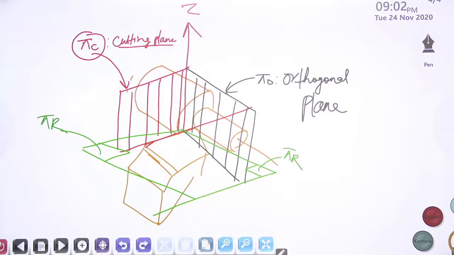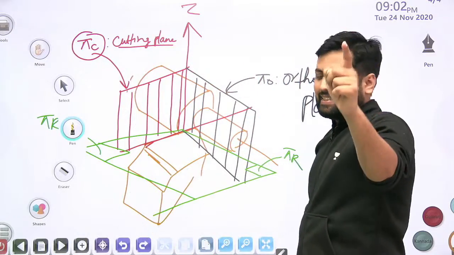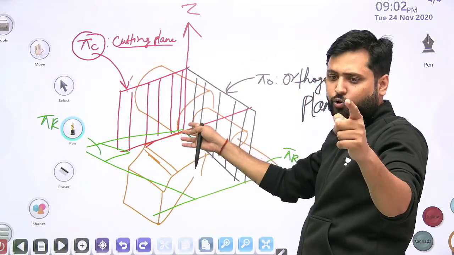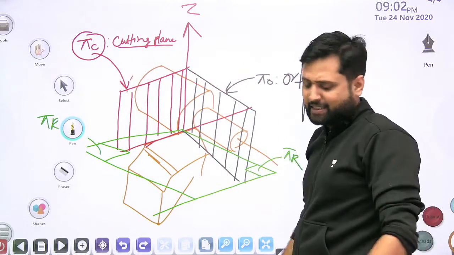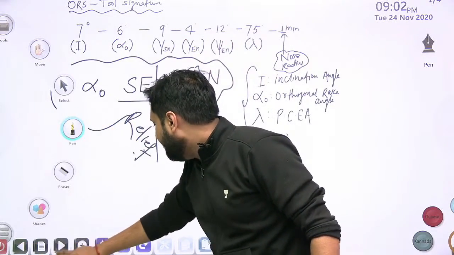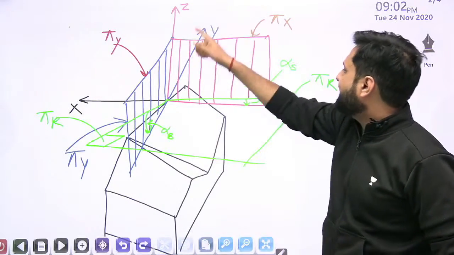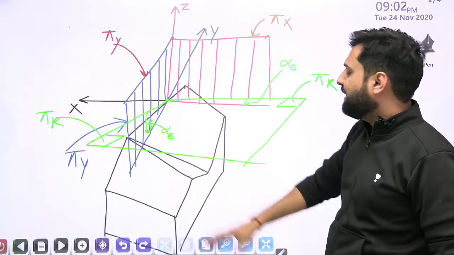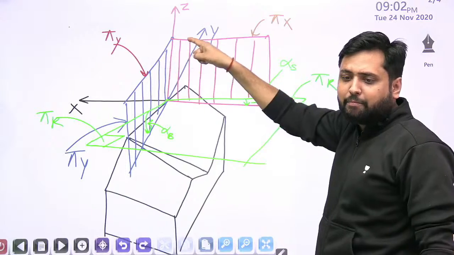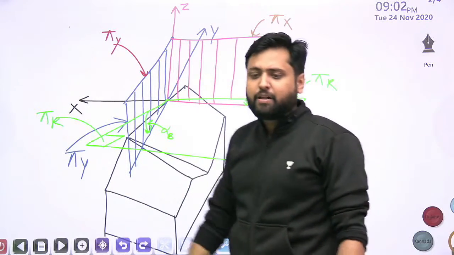Now, when you were measuring the angles of the different surfaces of this tool in the planes of the machine, which are pi x, pi y and pi r, you were saying that these are the angles of the ASA system based on the machine reference system.